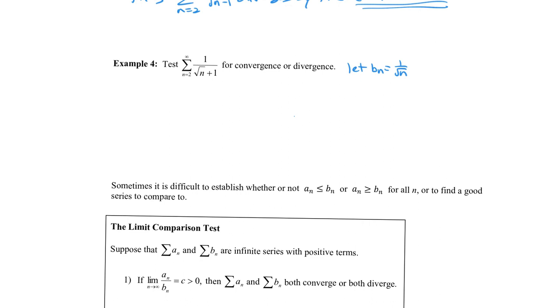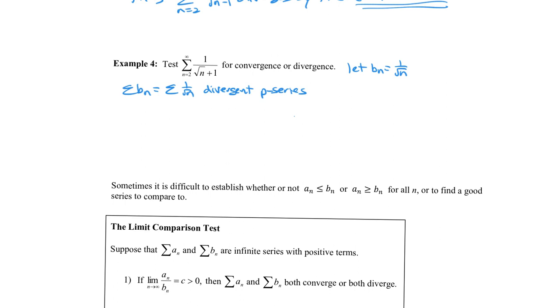Because then we know that this is a divergent p-series. And I'm choosing this one because we suspect that this series probably does the same thing, right? So then we can basically use this limit comparison test.